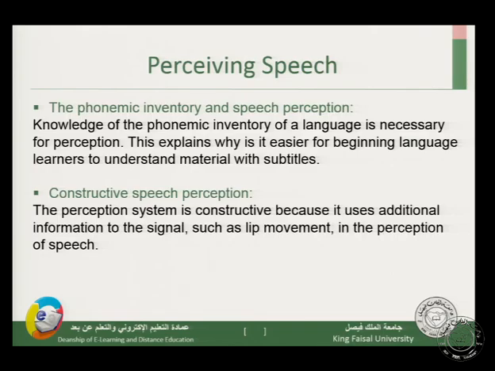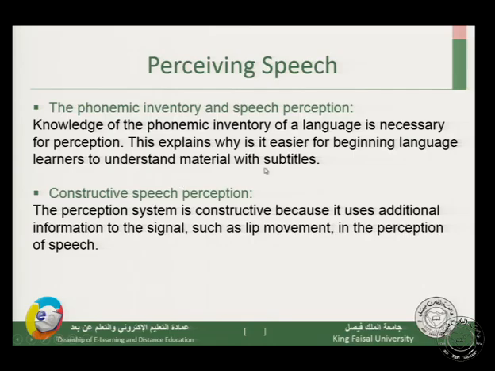Don't mix them with letters. Phonemes are a bit different to letters. I think you have already taken phonetics and phonology, and by this time you should be able to tell what is the meaning of phonemic inventory. This is just a reminder.